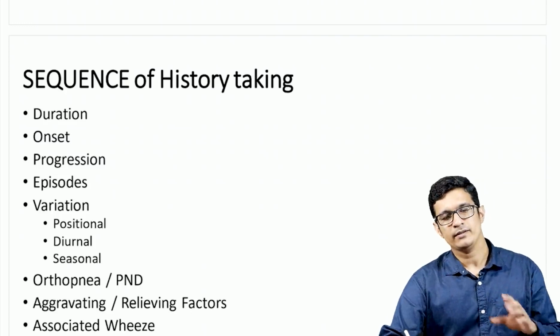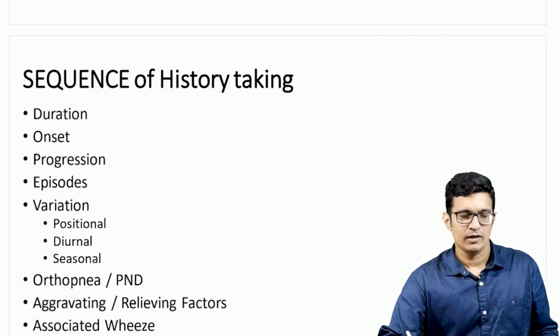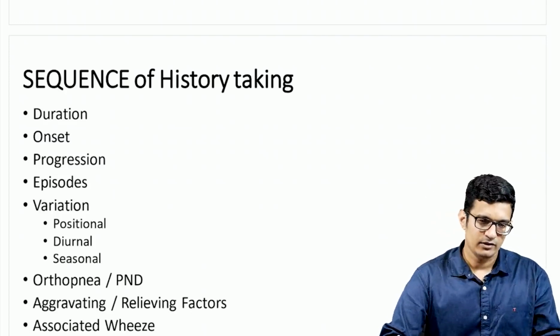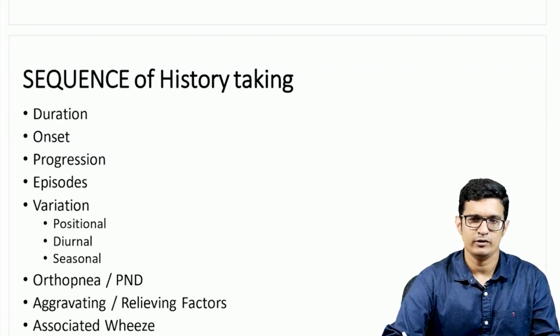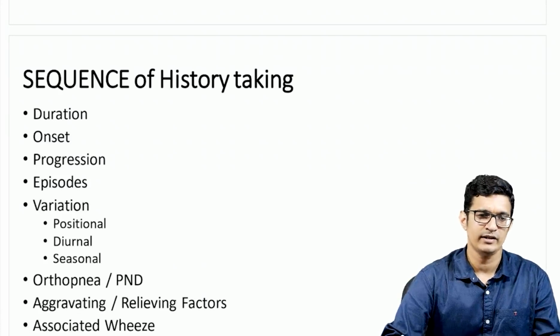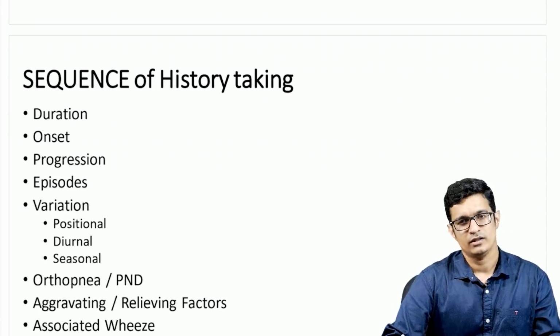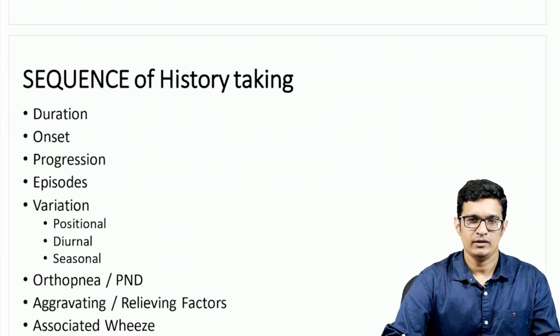So I might present you a sample history. Let us say a 45-year-old patient has come with a 6 months history of breathlessness. Breathlessness started 6 months back, and it has worsened for the past 14 days.